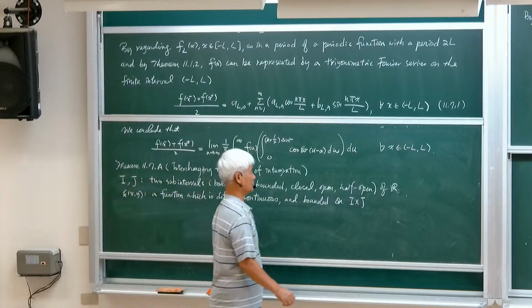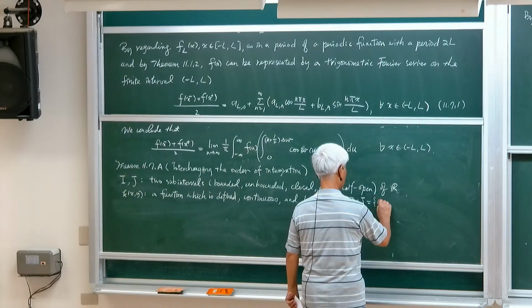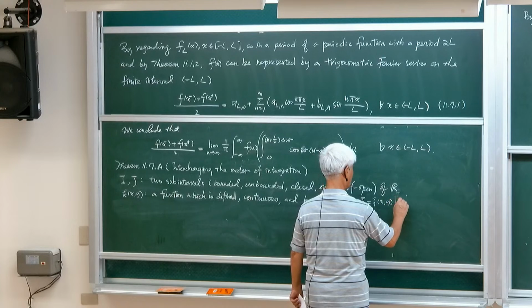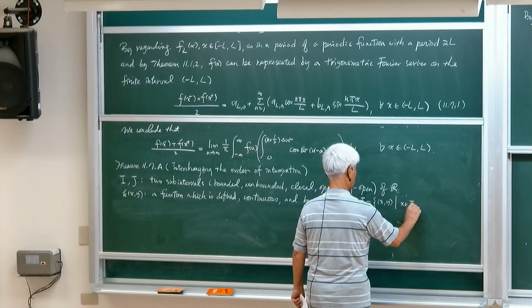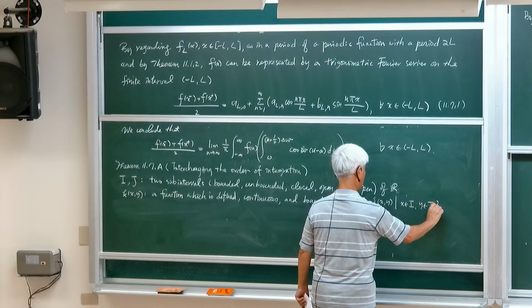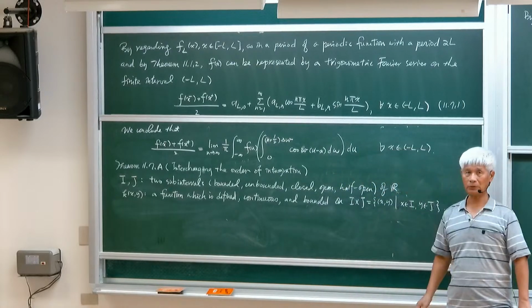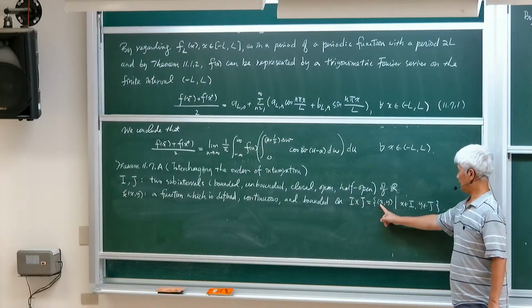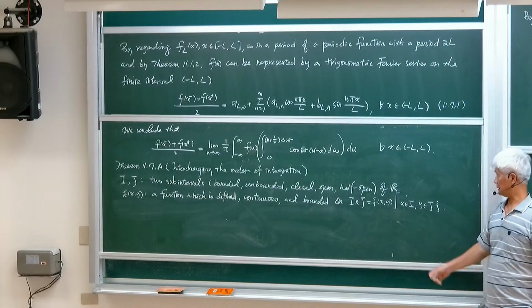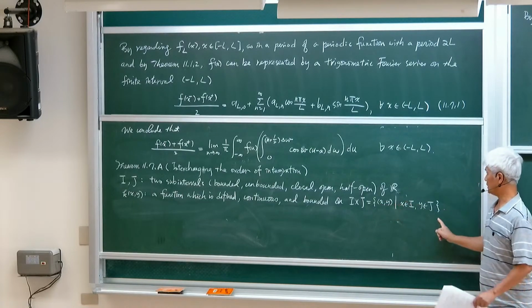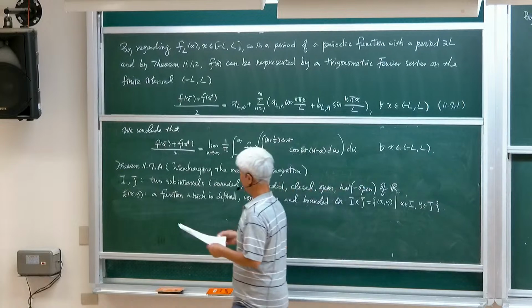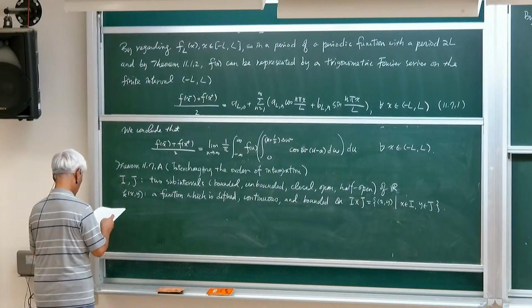As we know, the Cartesian product consists of all the pairs such that x is the first coordinate, x is in I, and y is in J. So K of x,y is this one.